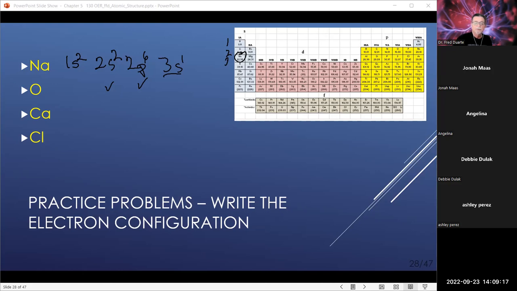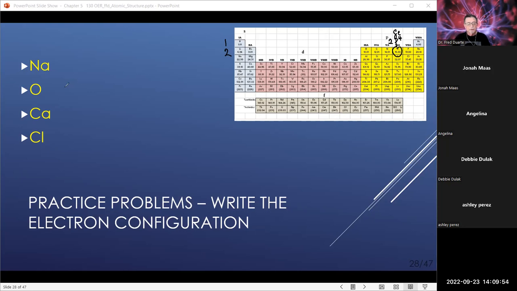All right, let's do oxygen. Oxygen is right here, in the second energy level. Oxygen has 8 electrons, and it is in the 1, 2, 3, 4th column of the P block, in the second energy level, so it's 2p4.